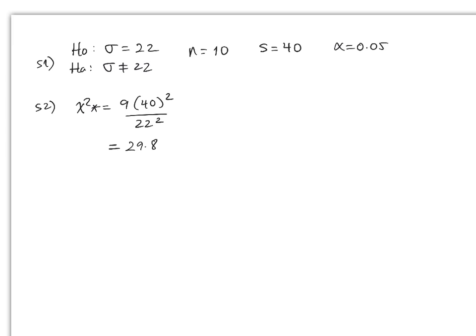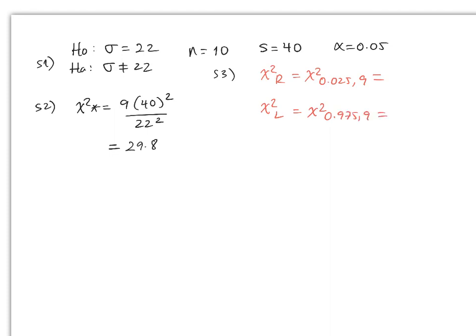All right. Then on step 3, remember we need to find chi-square right and chi-square left for the rejection region. So this is chi-square of 0.025 with 9 degrees of freedom. And this one is chi-square of 0.975 with 9 degrees of freedom.